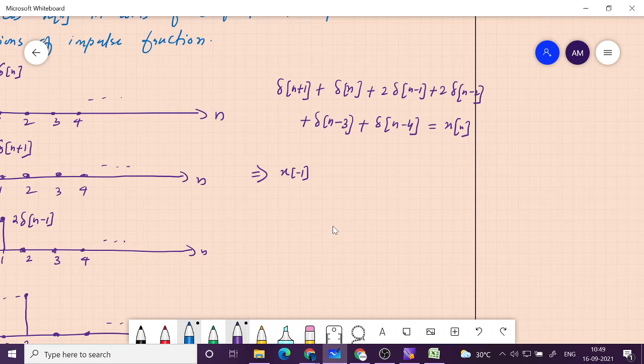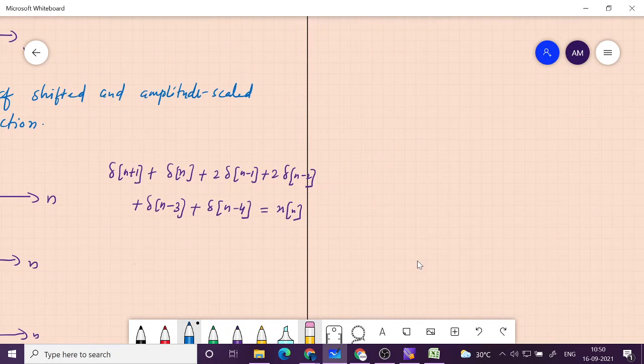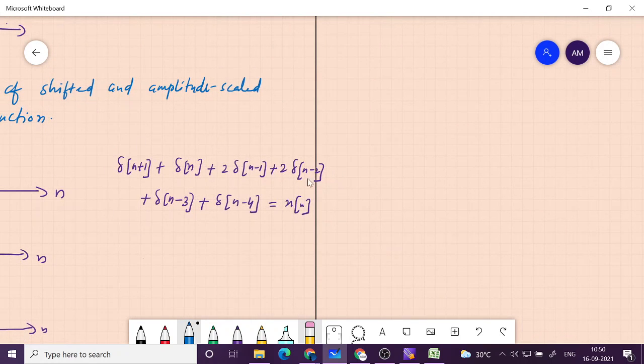X of minus 1 will pick me the amplitude at n equal to minus 1, right? So then I will multiply that with delta of n plus 1. Okay, maybe I will take a new page and write this because it will be a long expression.